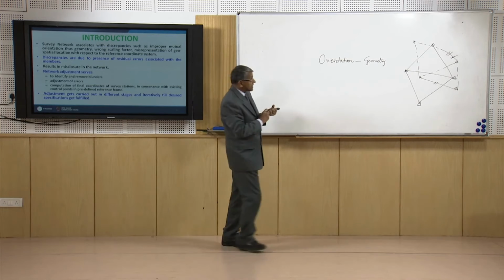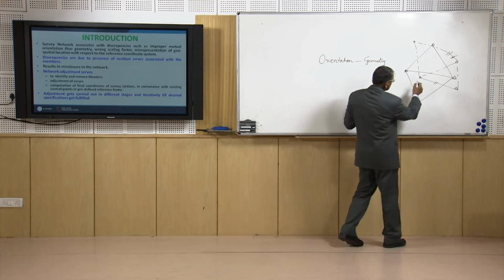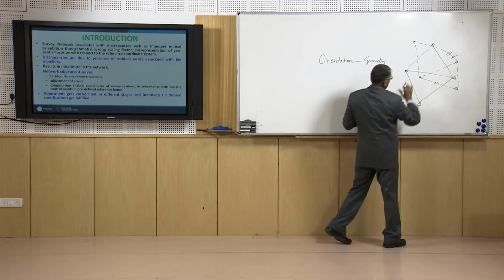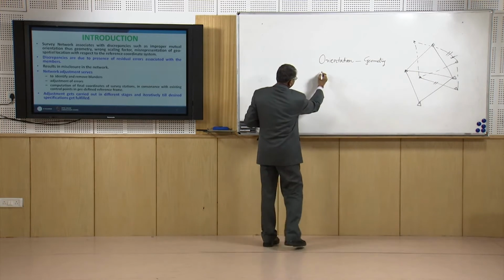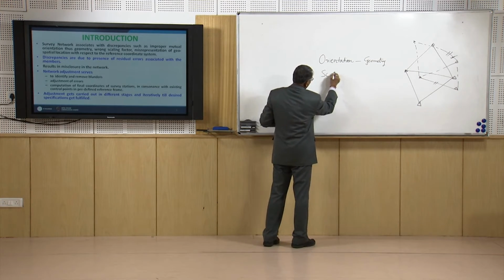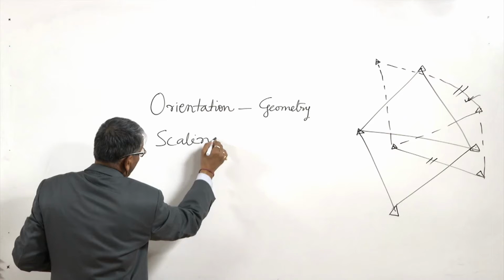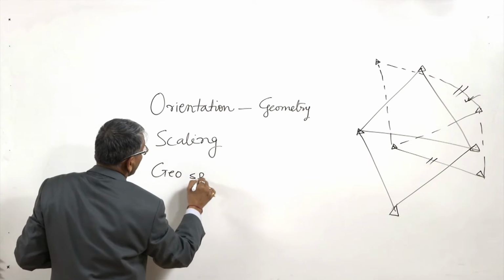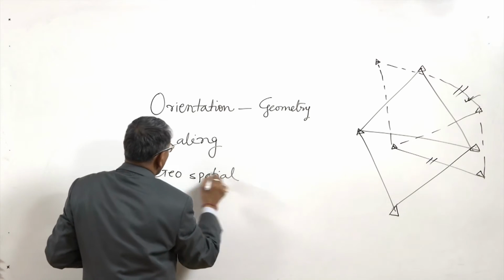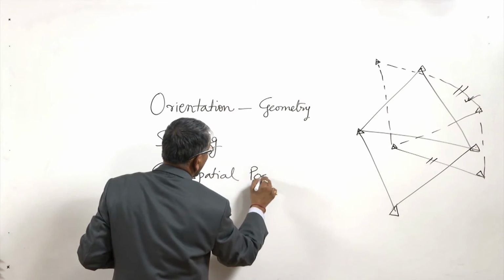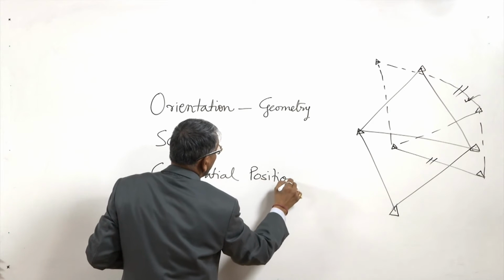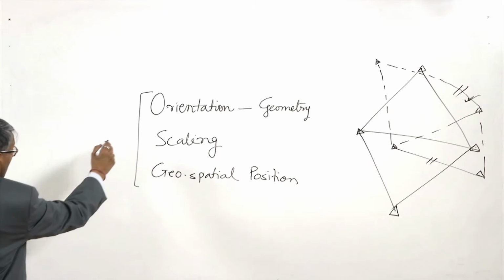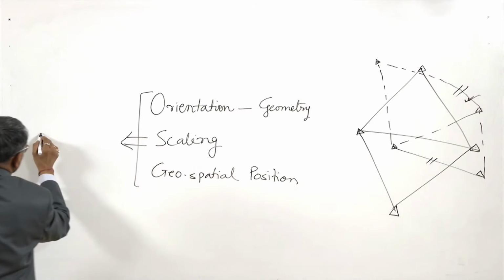Then also sometimes, you can see here, the geographical position of this is totally different from this. So there may be discrepancies in orientation, scaling, and geospatial positioning of the figure.